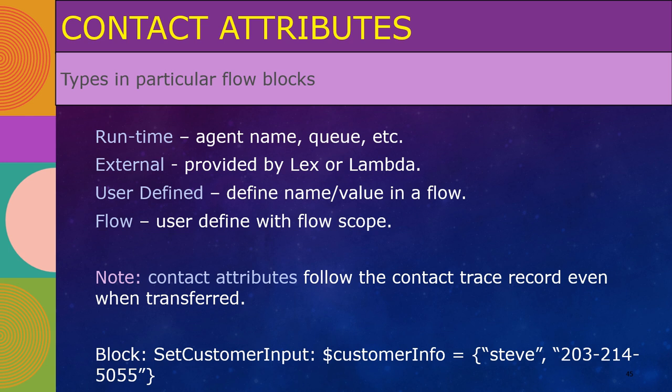And if it's in a flow and you only want it defined in the flow, it has flow scope. So that's called a flow attribute, a flow type attribute. And so these are the different types of attributes. And I want to note that contact attributes follow the contact trace record even when transferred.